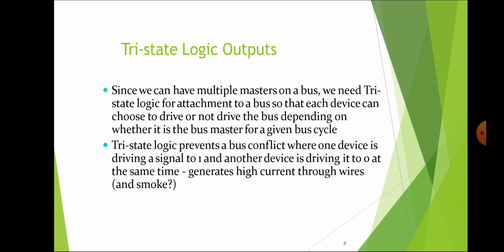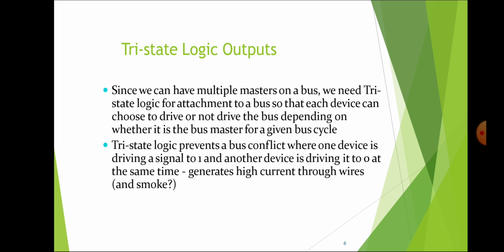Now, tri-state logic output. Since we can have multiple masters on a bus, we need tri-state logic for attachment to a bus, so that each device can choose to drive or not drive the bus depending on whether it is the bus master for a given bus cycle. So what is exactly the tri-state? It can prevent bus conflict, where one device is driving a signal to 1 and another device is driving it to 0 at the same time.